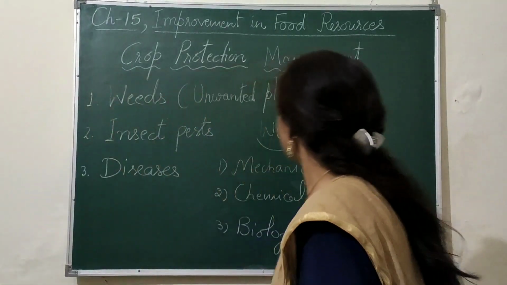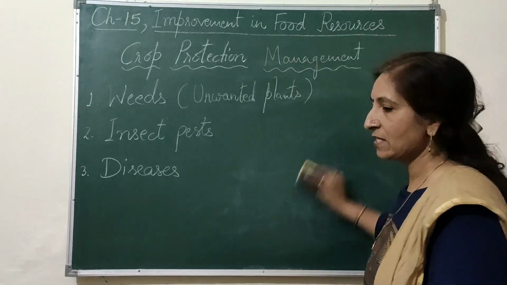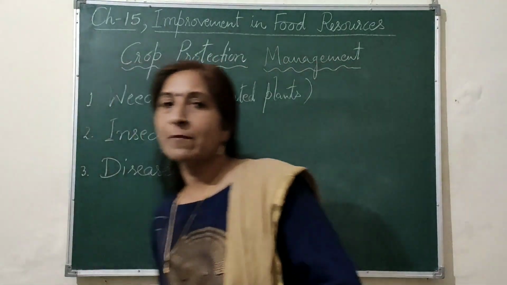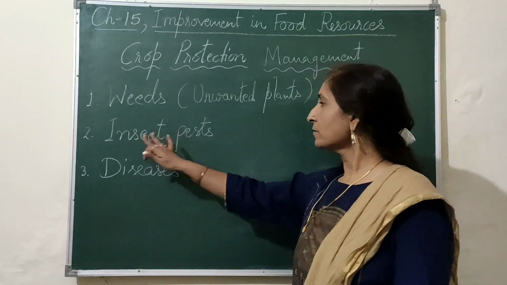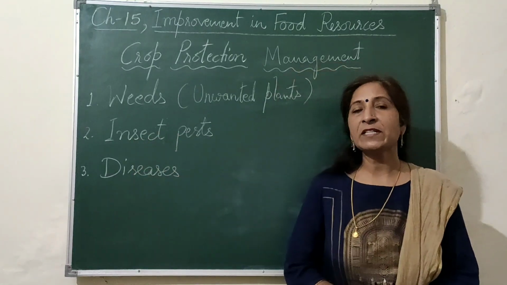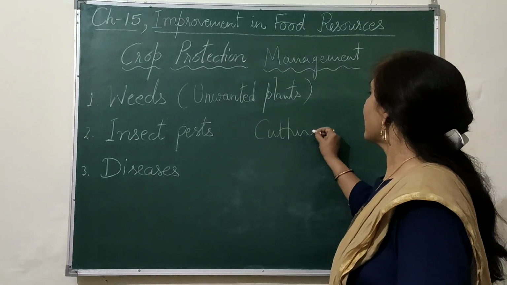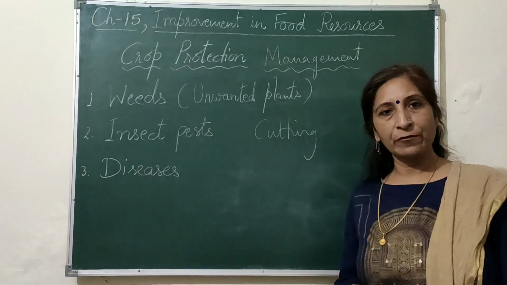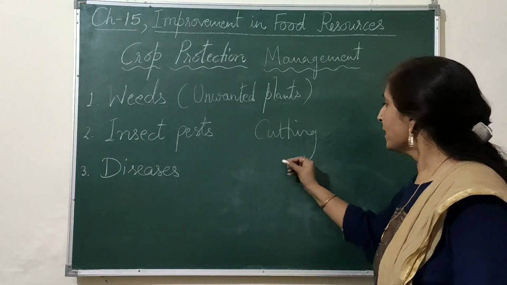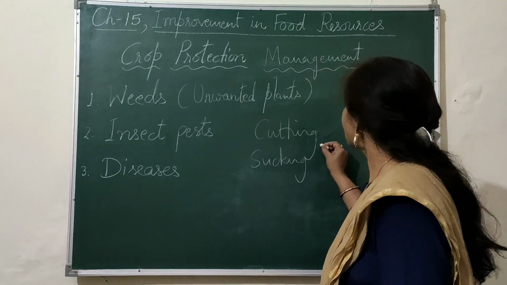Now, the next bioagent which can harm the crop is insect pests. Pests are the organisms which cause some kind of harm to the crops. Here we are talking about insects. Insects harm the crops in three ways. One is by cutting the stem, leaves, or the fruit. Another is by sucking the cell sap.